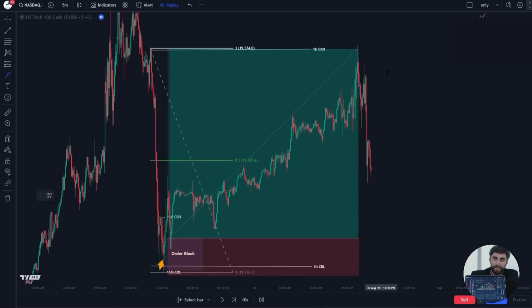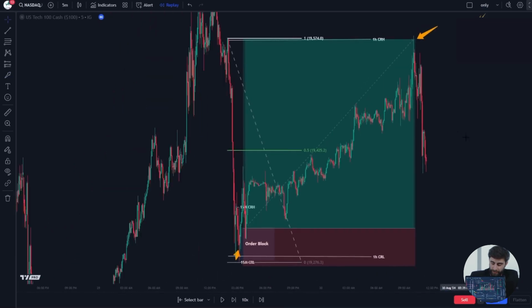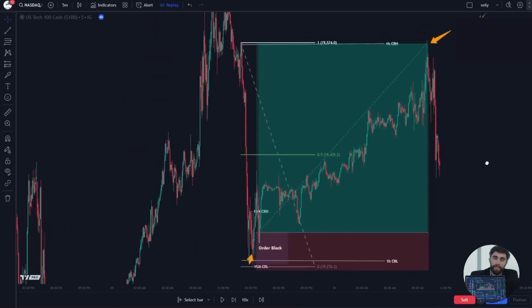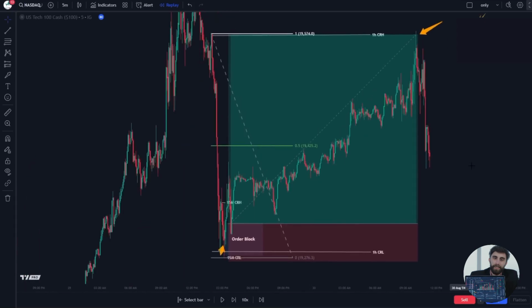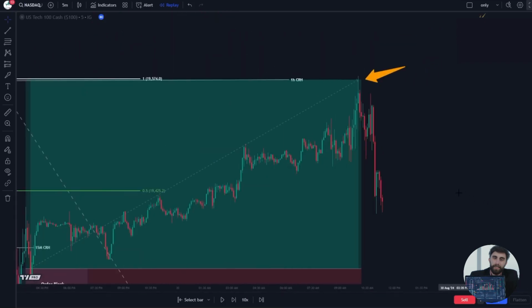Eventually, the price hits the second profit target at the highest point of the 1-hour timeframe's 2 p.m. candle range, and the trade plays out successfully. Now, let's move on to the next example.